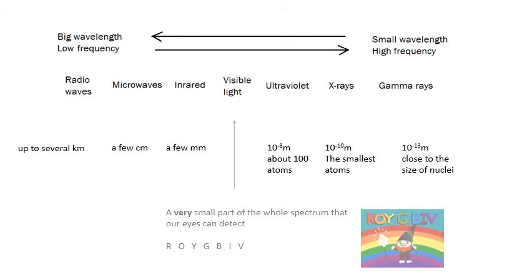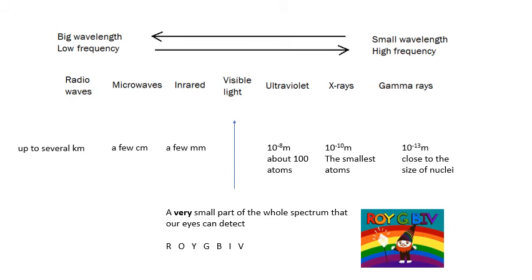Now, visible light is actually a very small part of the spectrum. Okay, but it's special to us because our eyes can detect it. We can see it. Within that very small part, Roy G. Biv. Now, there aren't actually 7 distinct colours, but we can thank Isaac Newton for this because he was heavily into the number 7.